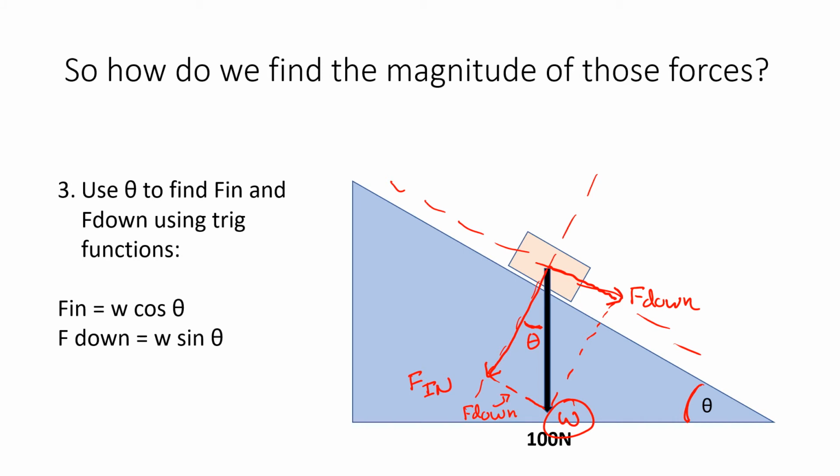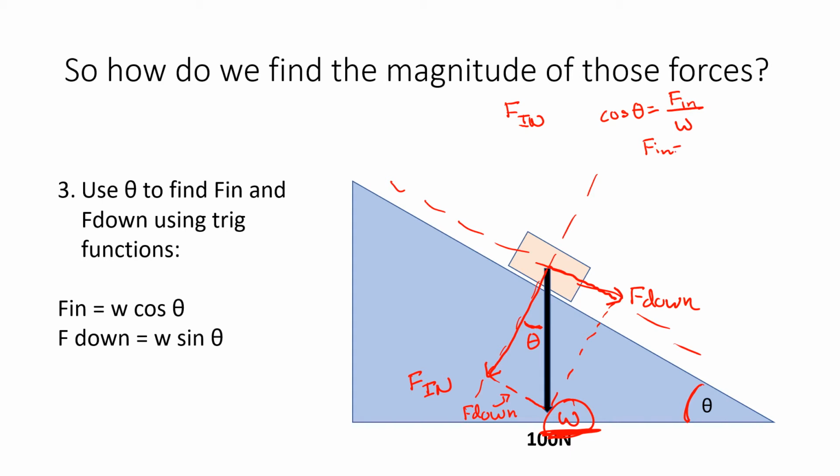So we can start with F in. F in is the side that is adjacent to the angle theta, right? So adjacent comes from cosine. Cosine of an angle is equal to the adjacent, which is F in, over the hypotenuse. In this case, the hypotenuse is weight.